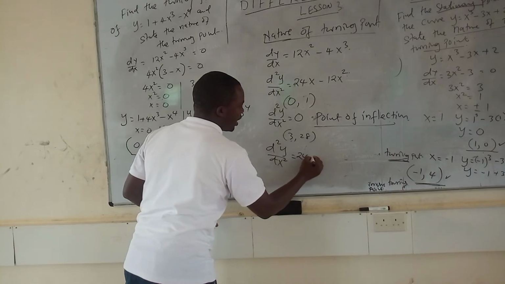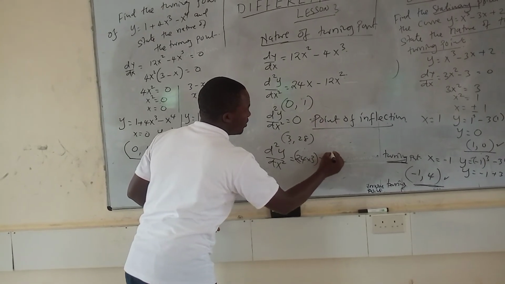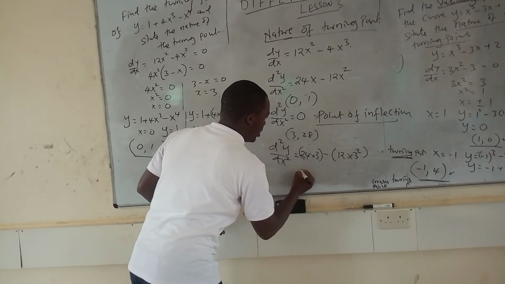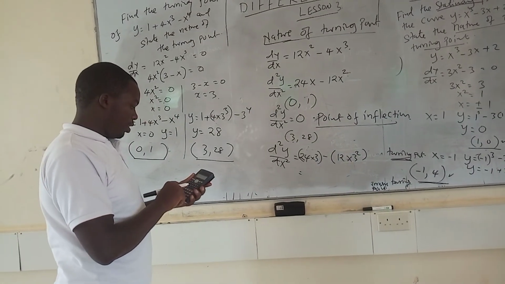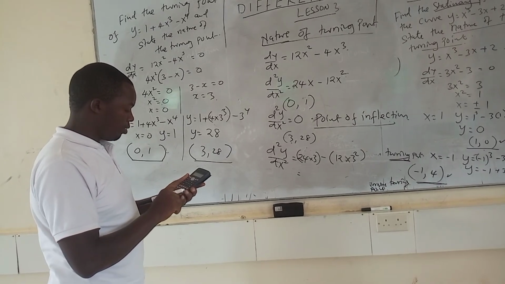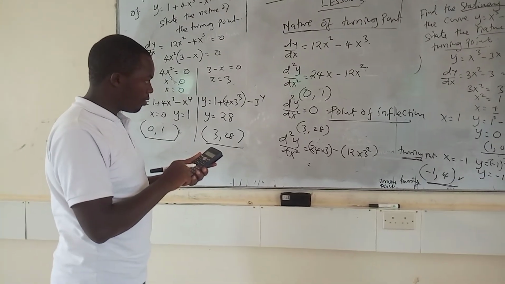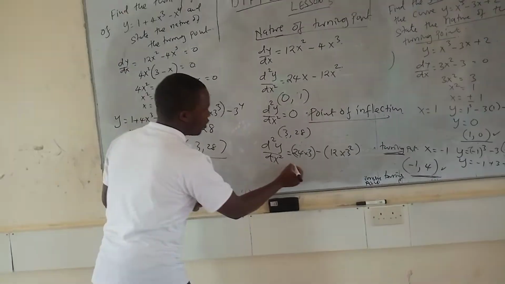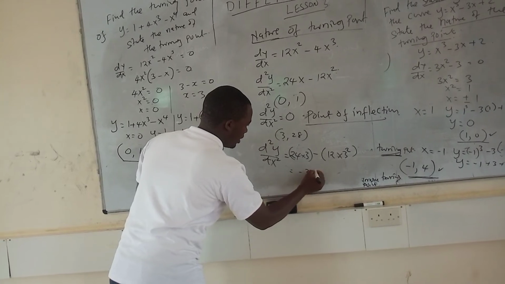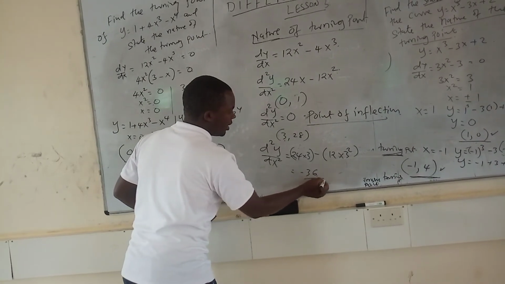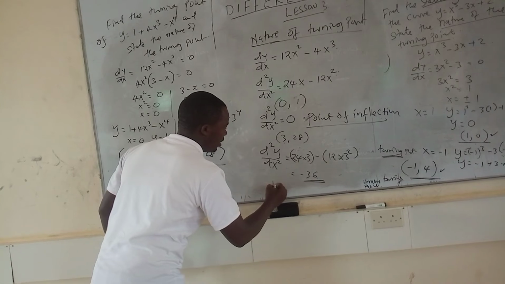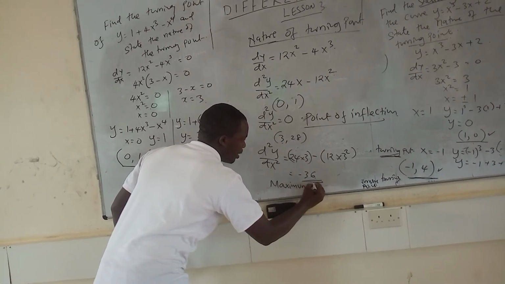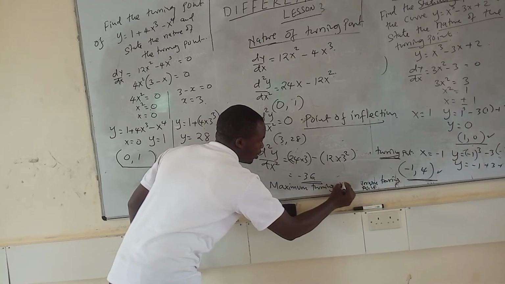I substitute x here, so 24 times 3 minus 12 times 3 squared, and the answer is going to be negative 36. And once I get a negative, I should conclude that this is a maximum turning point.